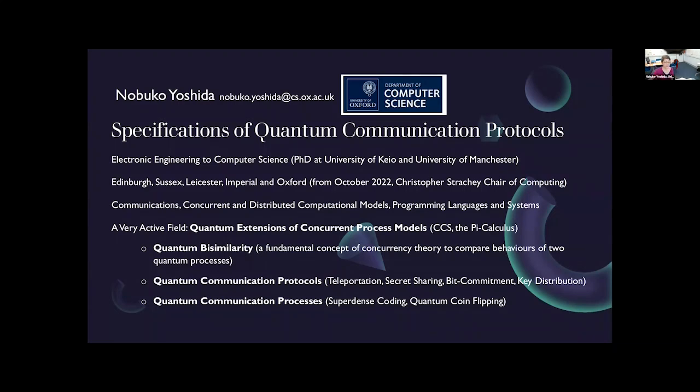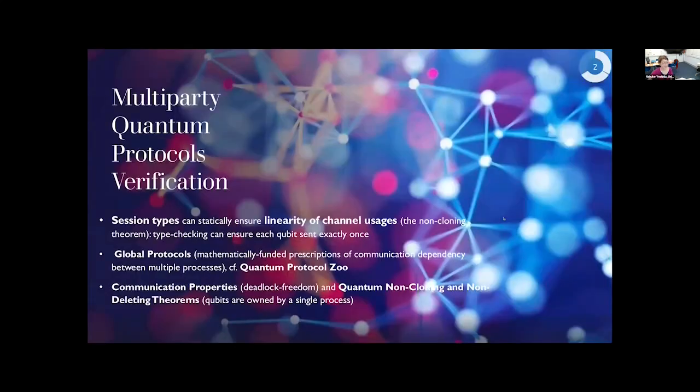So I'm going to the next slide. What I'm interested in is using type theory and protocol verification to specify and verify quantum cryptography protocols, using session types, multiparty session types, which are used to ensure the linearity of the channel, so that the no-cloning theorem can be verified statically very easily, and to give guidance to the user to write protocols more easily.